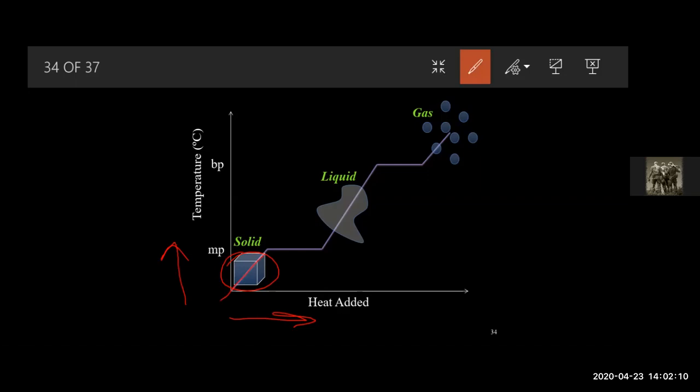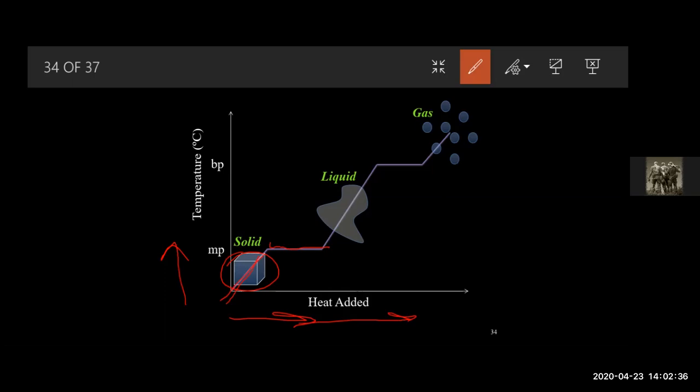Okay, then what happens when we reach the melting point? Basically, as we go up the hill, everything's in the solid form. Now, when we reach that particular temperature, when that solid begins to melt, we actually hit a plateau. And we continue to add heat, okay, we have a plateau.